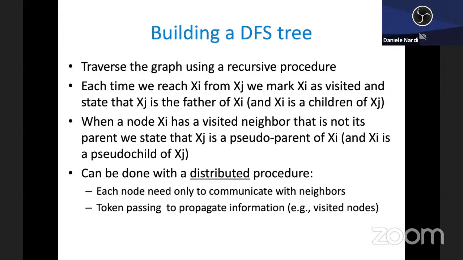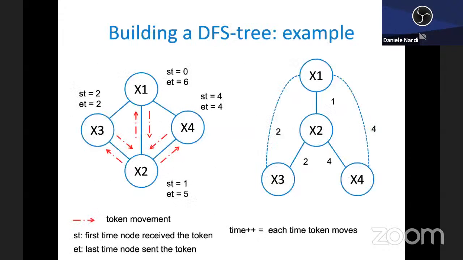And in particular, when there is a node that has a neighbor who is an ancestor higher up in the hierarchy, we define a relationship of pseudo parent from that node to the ancestor. We'll see this through an example, and things are more difficult to explain in words than to understand on the structure. So this can be done with a distributed procedure.